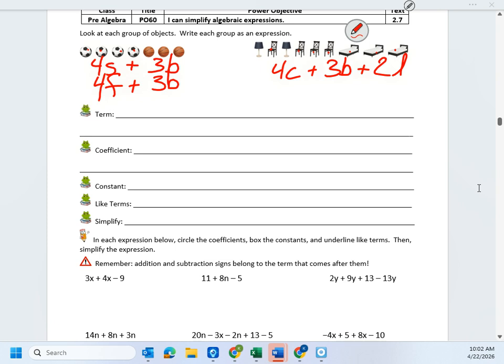So we talked in the last unit when we were dividing by the y's coefficient. I gave a quick overview of those different vocab words. Now we're going to write them out. So the term is a part of an expression.